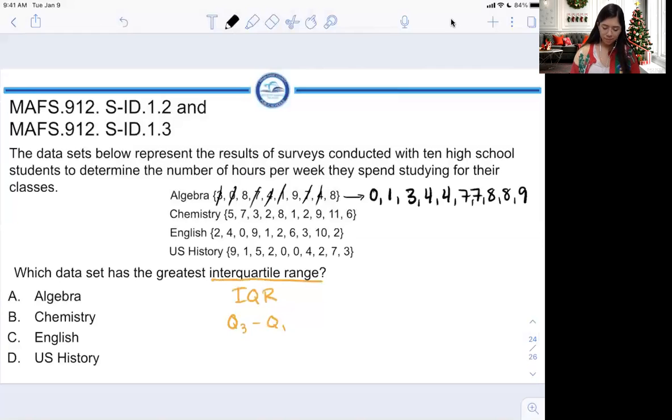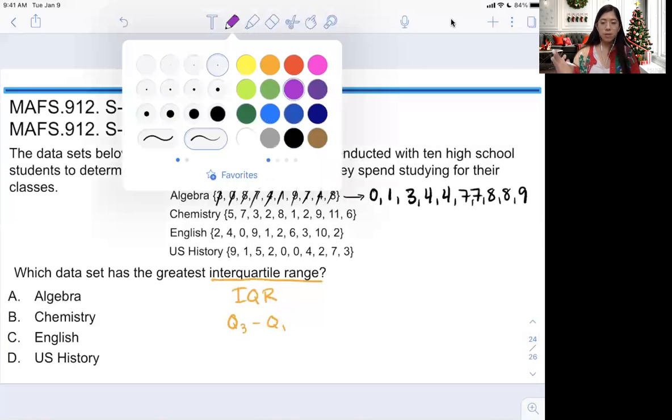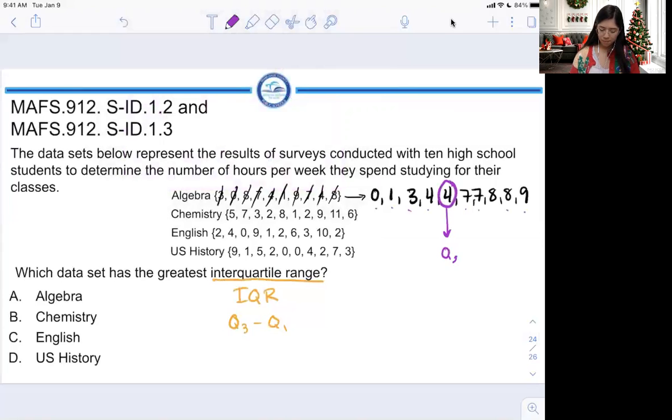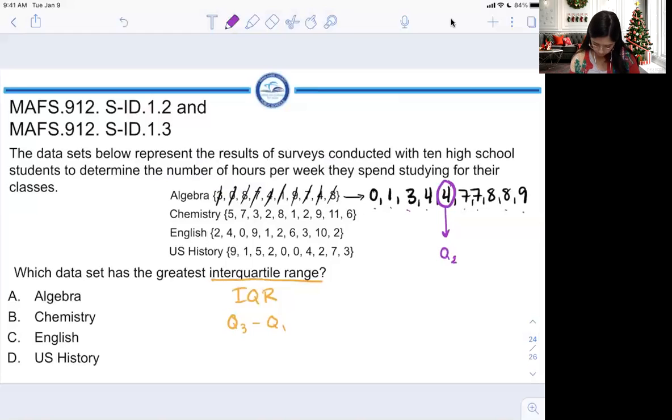Okay. Cool. I start with my median. Remember, that's always the first thing you look for is the median. I got it. It's this 4 right here. Wait, there's 4 on one side and there's 5 on the other, miss. It's 4 plus 7. Oh, you're right. I counted wrong. Thank you.